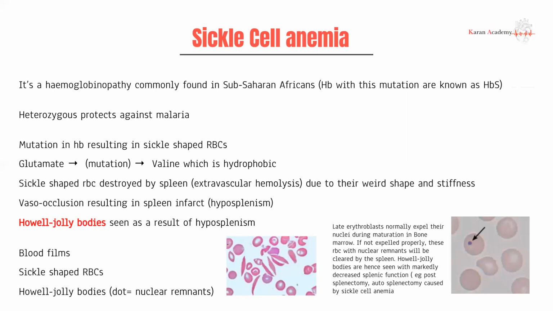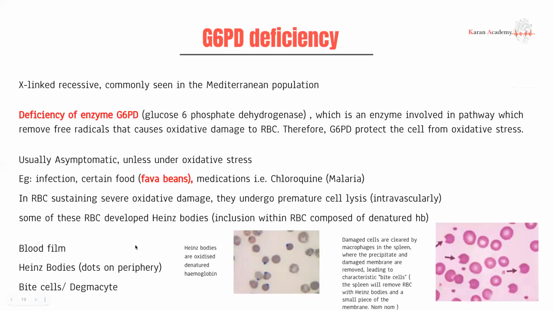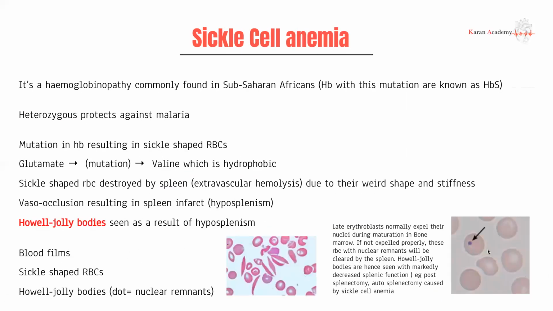However, if you don't expel the nucleus, you will basically end up with this body on a blood film called a Howell-Jolly body. Now, this is central compared to our friend, the Heinz body, that is seen peripherally because, well, the nucleus is more central, right?